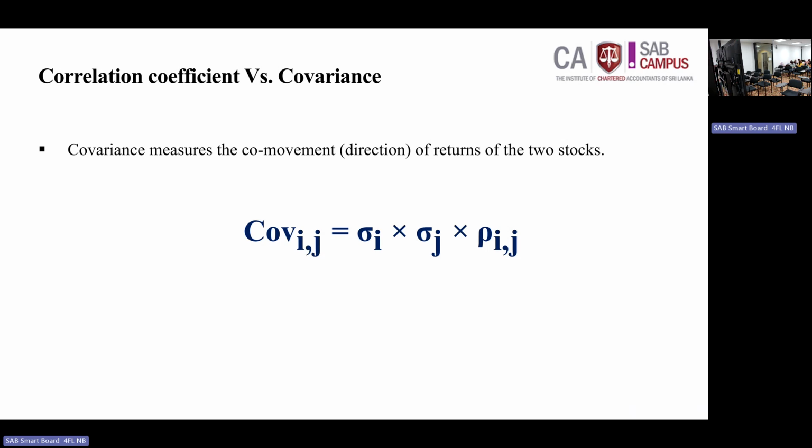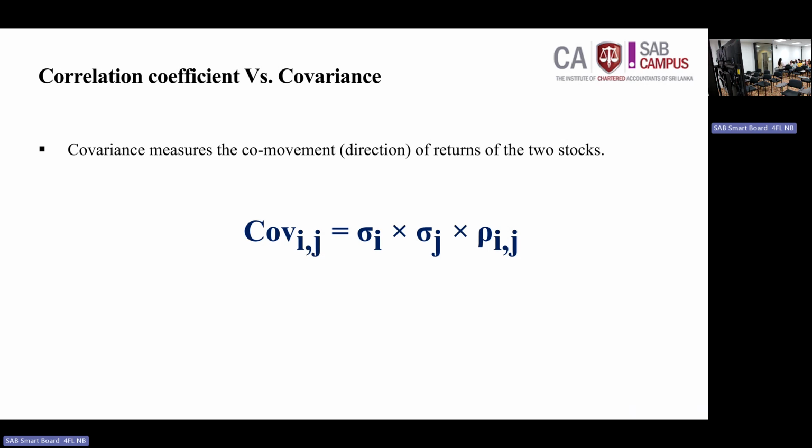We were discussing portfolio risk and return, and we did the calculation to identify the portfolio risk and return. That part is completed. We have a double summation approach.